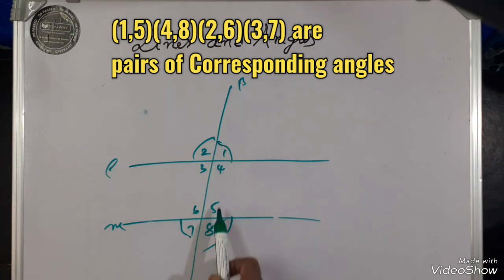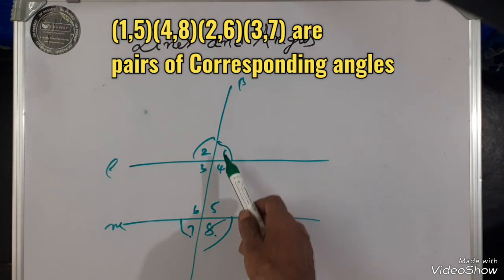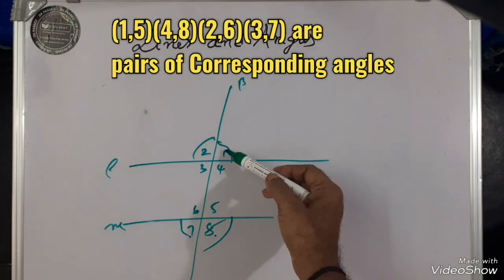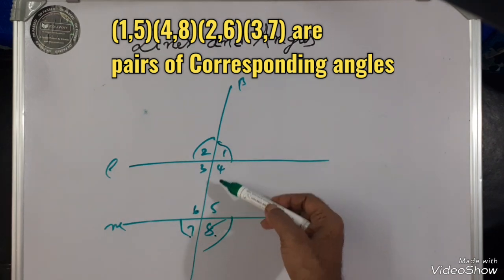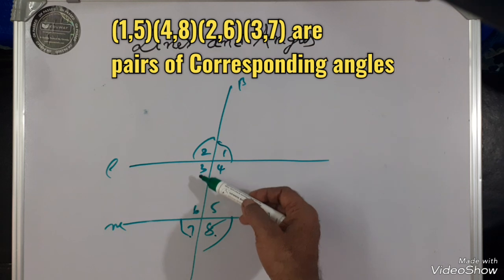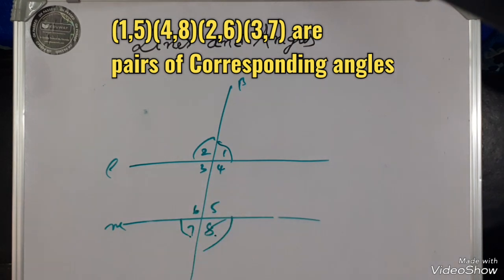They lie on the same side of the transversal and they are not adjacent angles. Such angles are called corresponding angles.